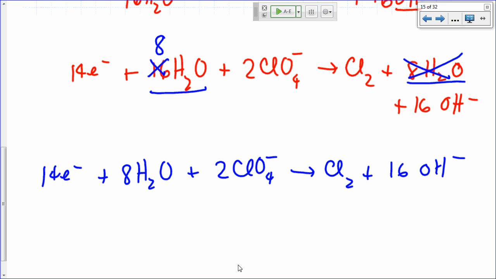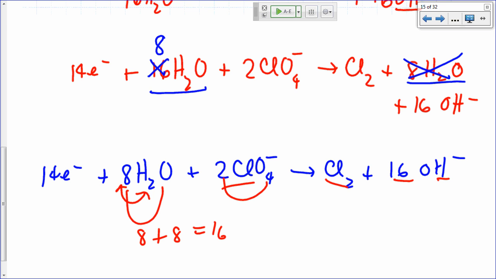That's your balanced equation. Let's verify that it is in fact balanced. Chlorines, you've got 2 on each side. Hydrogens, you have 8 times 2, that's 16 hydrogens. Oxygen, you have 8 plus 8, that's 16 oxygens, and you have 16 oxygens right here as well. So it's balanced.